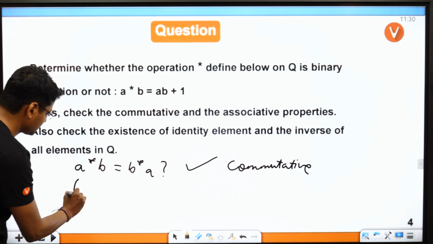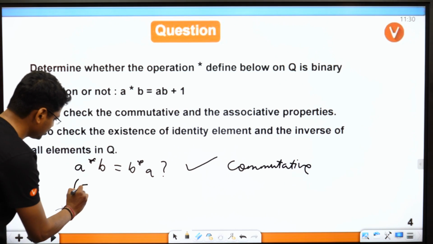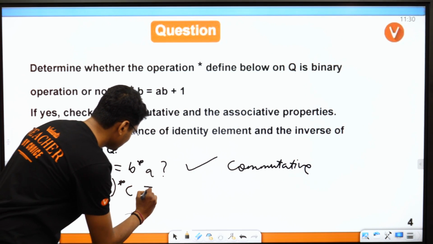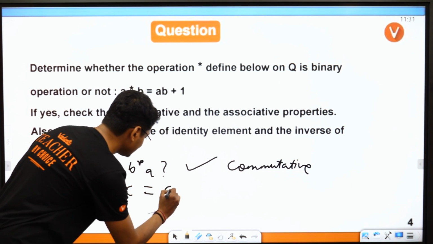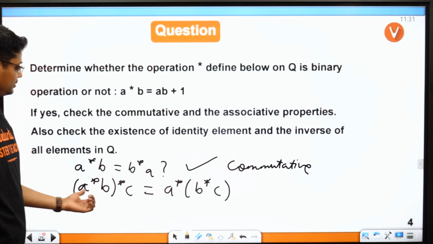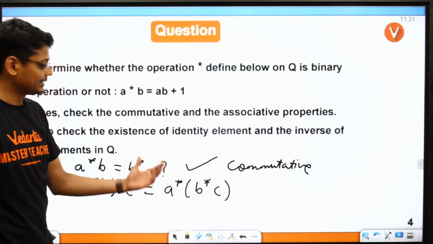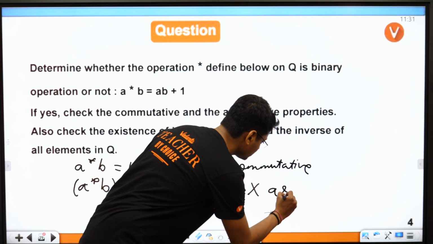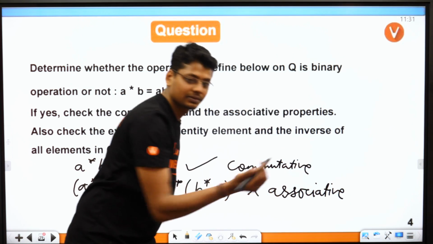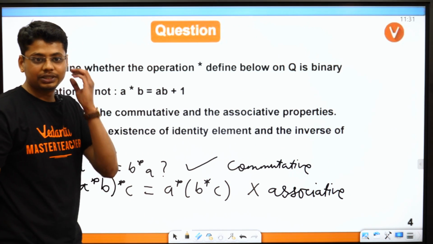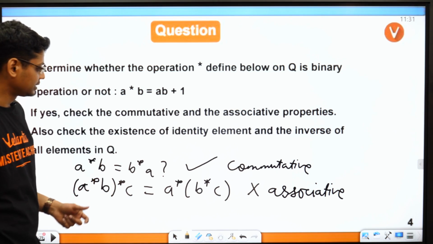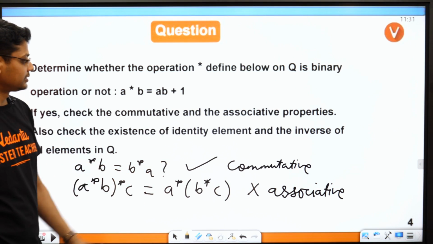And to check whether it is associative, we have to check whether (a * b) * c is the same as a * (b * c), and you can expand and you would find that it is not associative. So I am skipping the calculation part, which based on certain comments students may find boring. All right, so this is it.